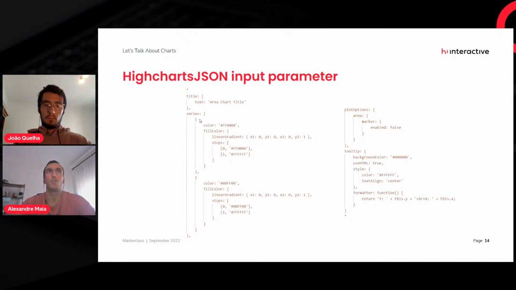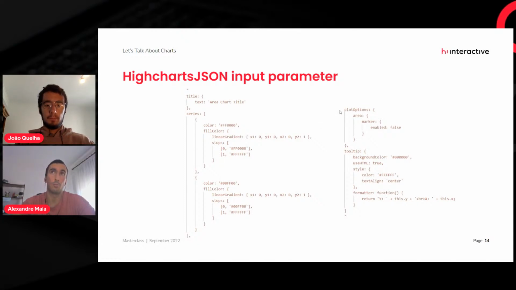And basically we are saying, okay, so for the first series I want this color for the line, and for the fill color of the area I want a gradient ranging from red to white. And then for the second series we have another object saying that I want this color on the line, which is green, and the fill color of the area is a linear gradient ranging from green to white.